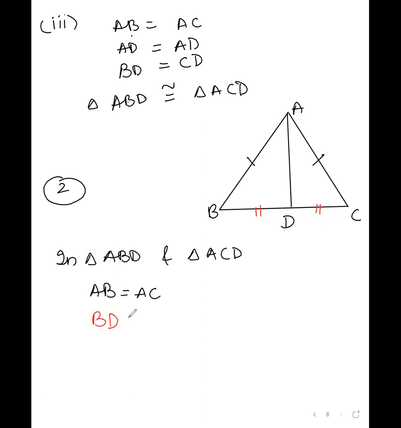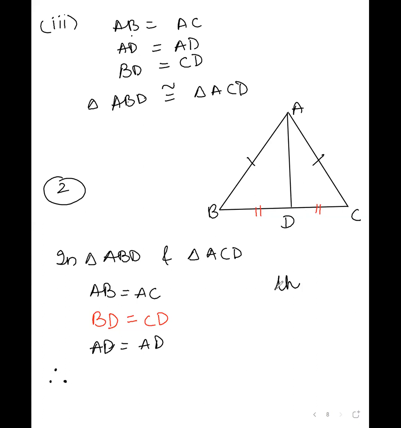BD is equal to DC. CD. Very good. And then AD is equal to AD. So therefore, we put these three dots. These three dots stand for therefore.